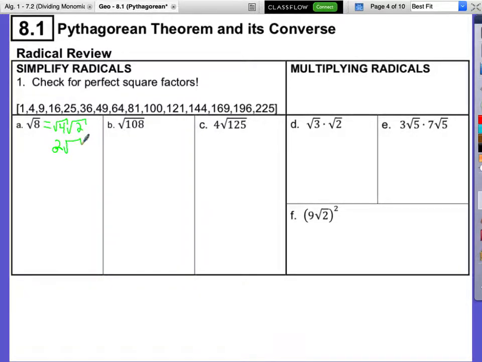No. So we just continue to write it as the square root of 2. And what operation are these doing? Multiplying. But we can't push them together anymore, just like you couldn't push A and B together anymore. They're as close together as they can get.